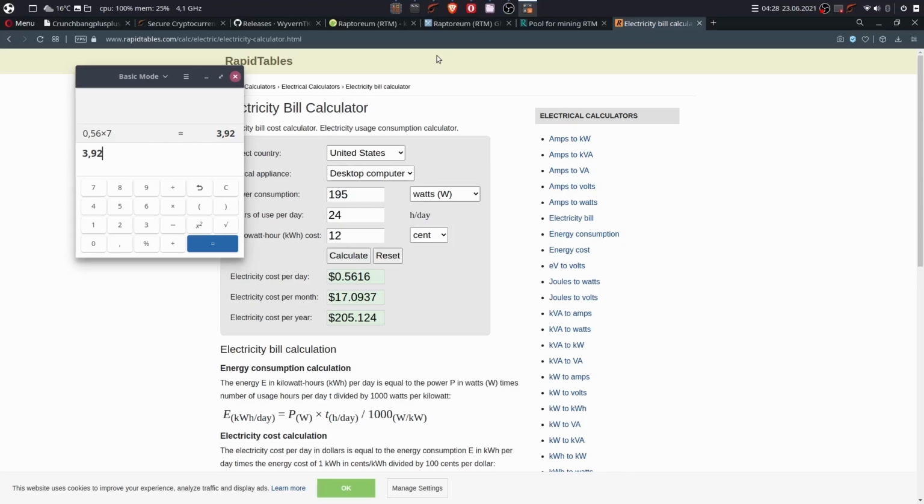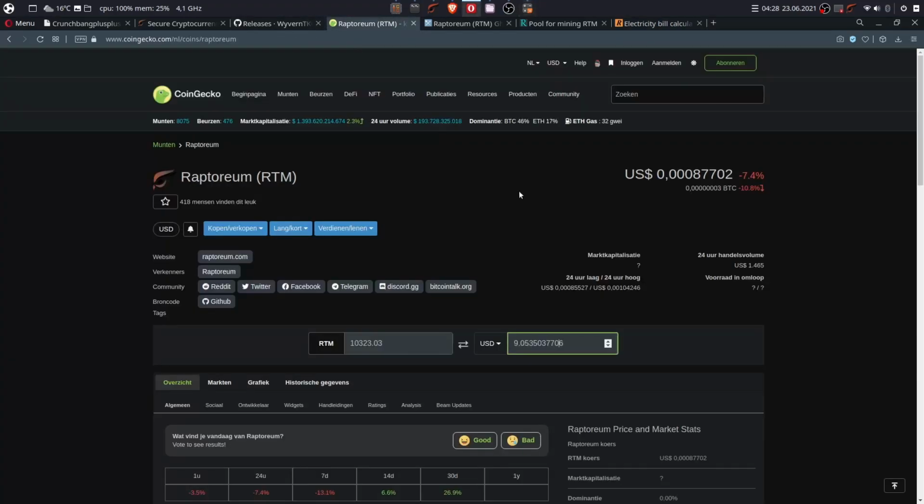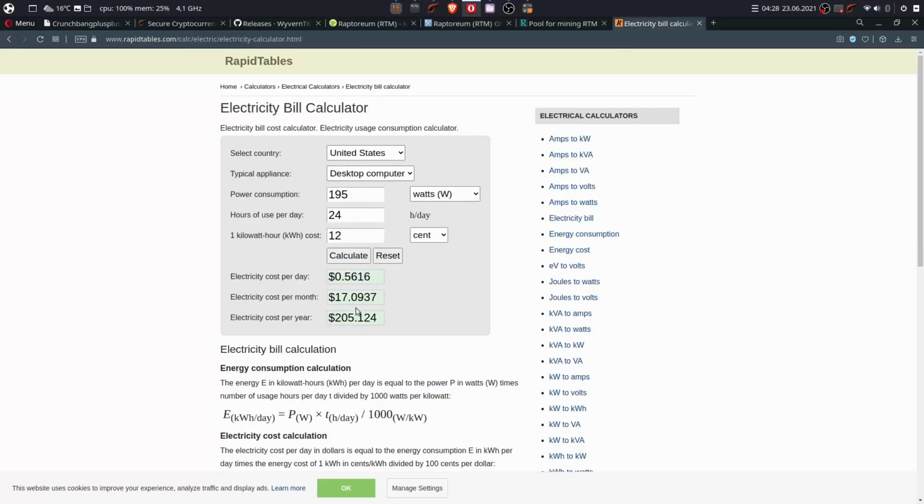So Raptoreum definitely is profitable and definitely worth to mine, even at its currently fairly low price. For comparison, Monero mining on my PC takes around 210 watts.